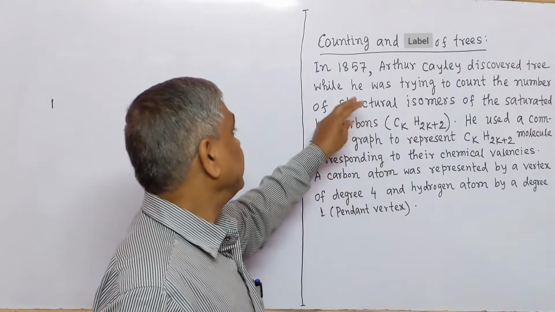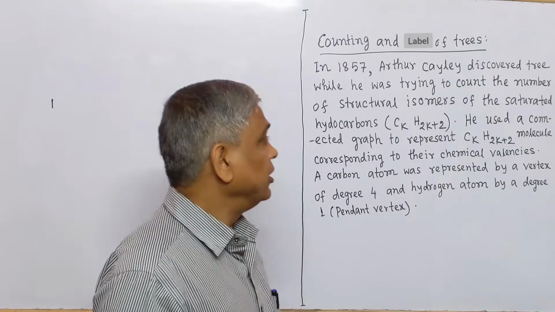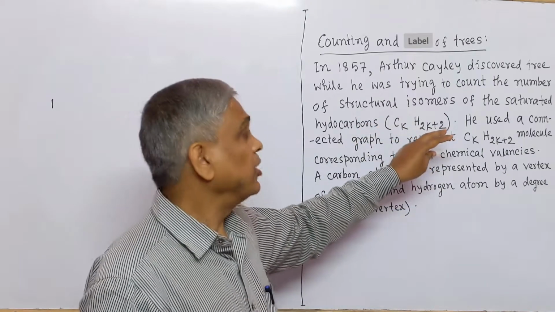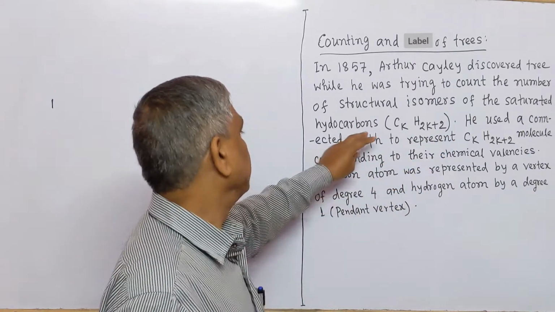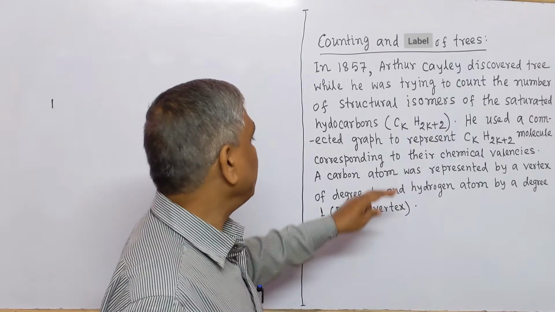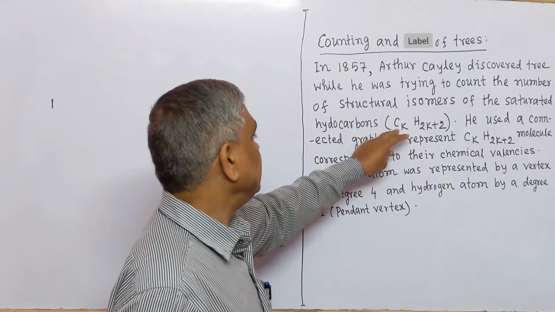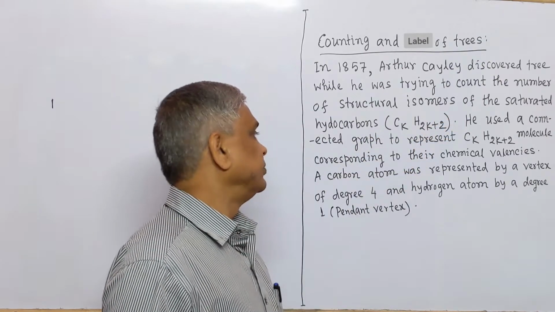discovered tree while he was trying to count the number of structural isomers of the saturated hydrocarbon. The molecular formula of saturated hydrocarbon is CkH2k plus 2.